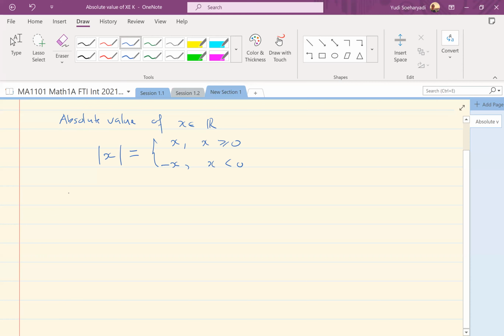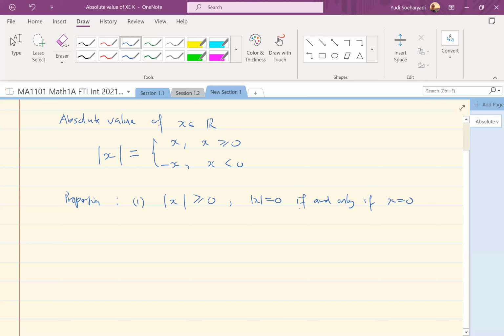So the properties are that, well, absolute value is always non-negative, and absolute value of x is 0 if and only if x is 0.